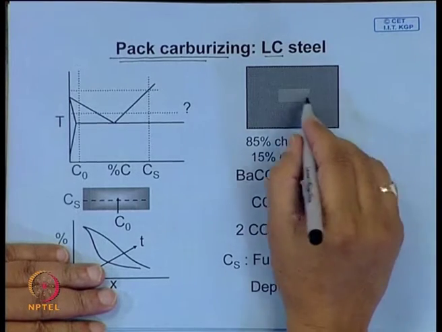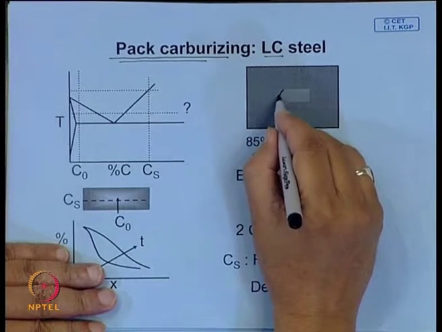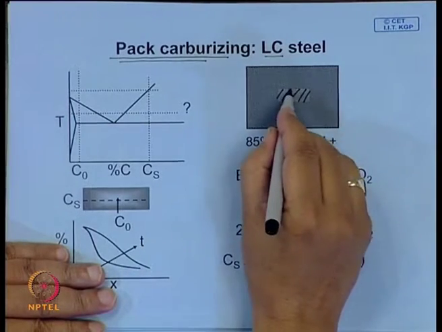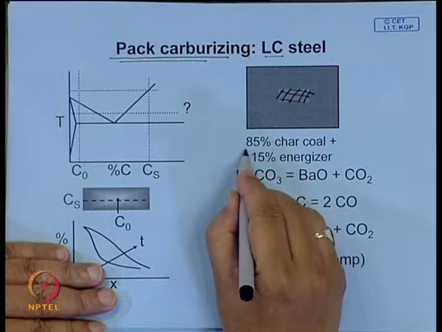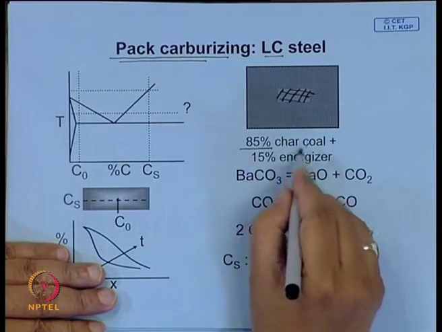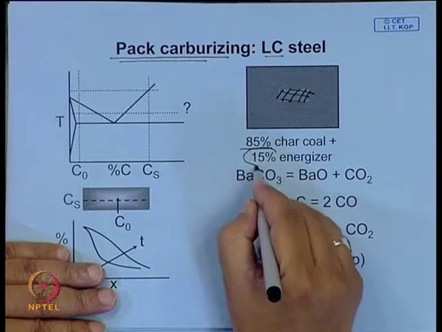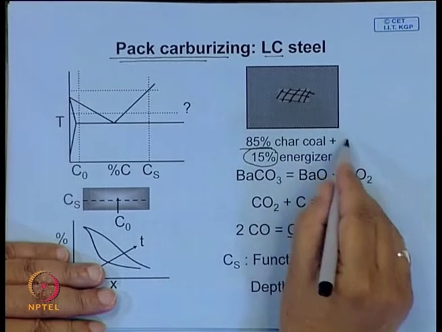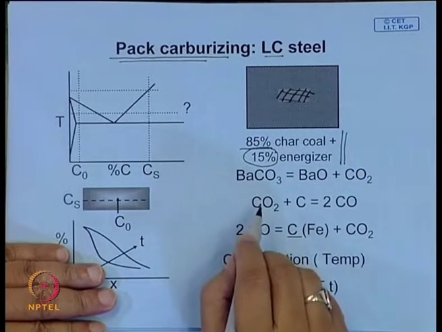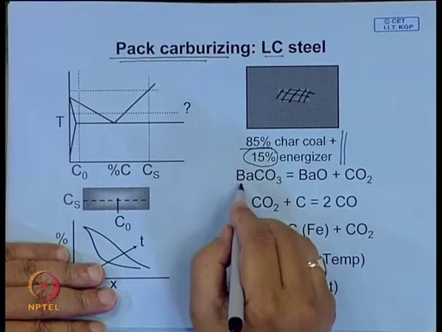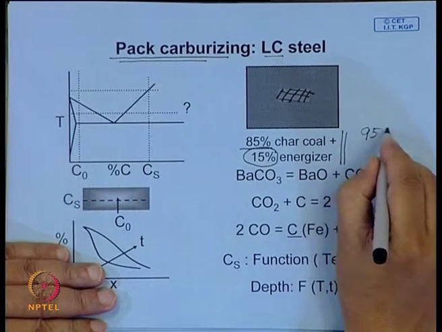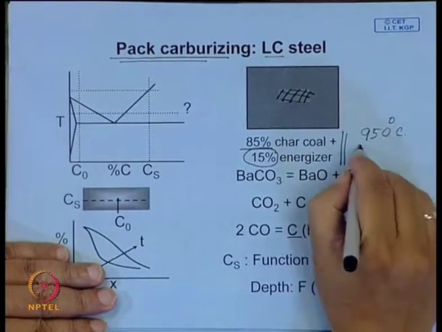Here you have a job kept in a carburizing mixture made up of activated charcoal, say around 85% charcoal, and you also need some 15% energizer to promote the carburization process. How does it promote carburization? When you heat it to a higher temperature, say around 950 degrees centigrade, what happens?